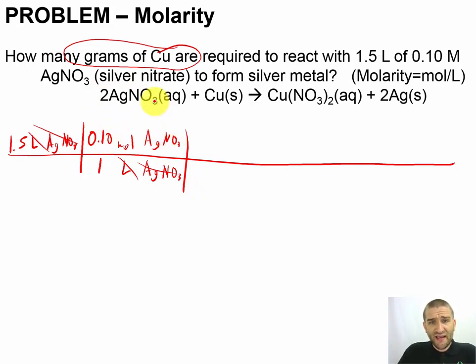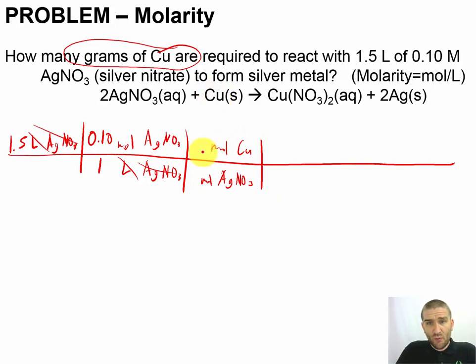Next up, I need to convert from silver nitrate into copper. And for that I can use my conversion factor that I can build with my stoichiometry. So I have AgNO3 on the bottom so that it'll cross-cancel. And then on the top, let's get moles on there as well. On the top, we'll have moles of copper.